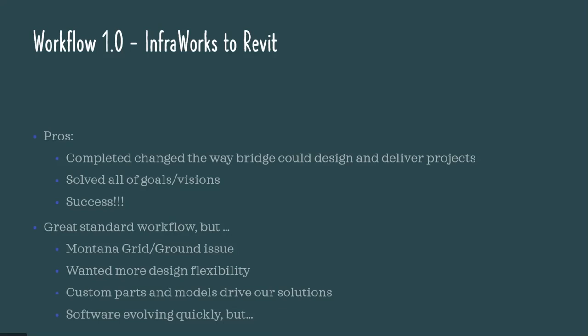But in Montana, we have one state plane for our entire large state. And so there's discrepancies between grid and ground that tend to be larger than what other states and other entities see. I think this is a Montana specific thing, but it was creating a little bit of friction when we hit that publish button between InfoWorks and Revit.